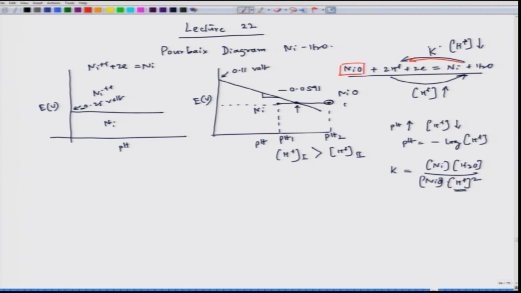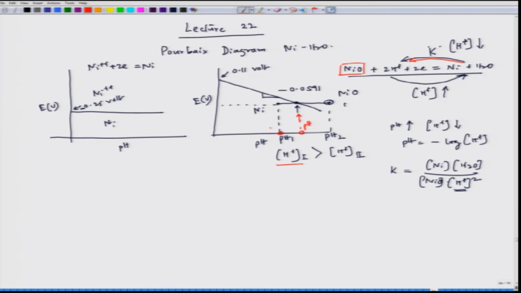Now, if I go to pH 1, then I see that H plus ion concentration is decreasing in comparison to, of course, this one. This was also having some pH level. So, the pH at this point is more than the pH at this point.